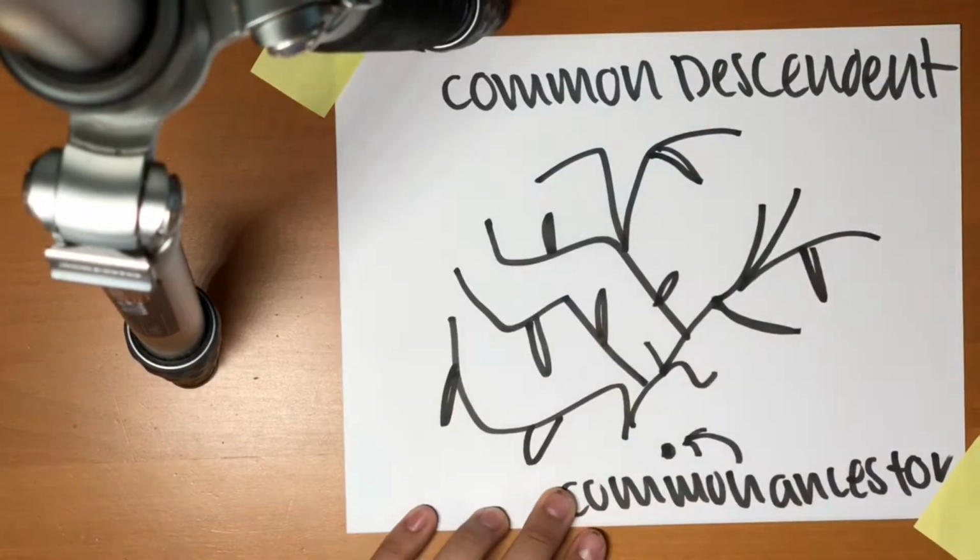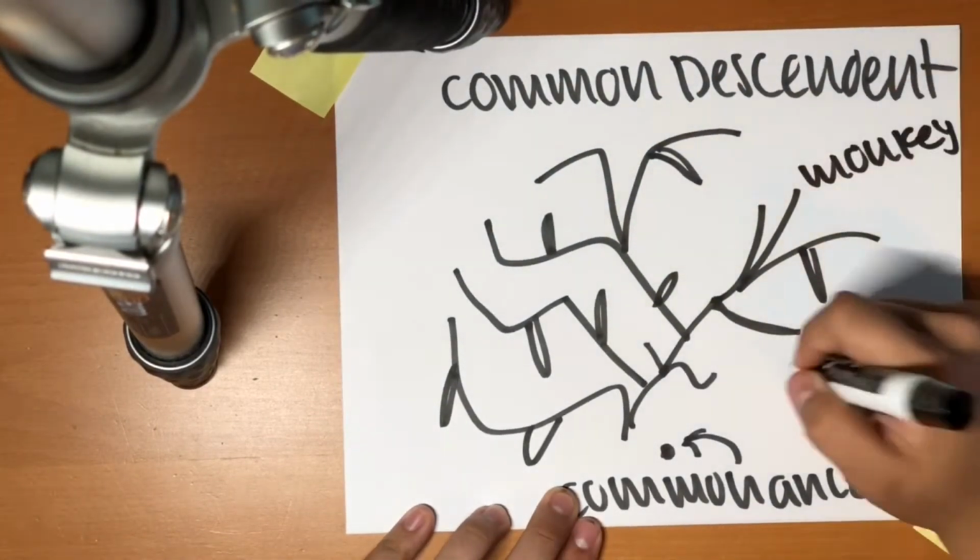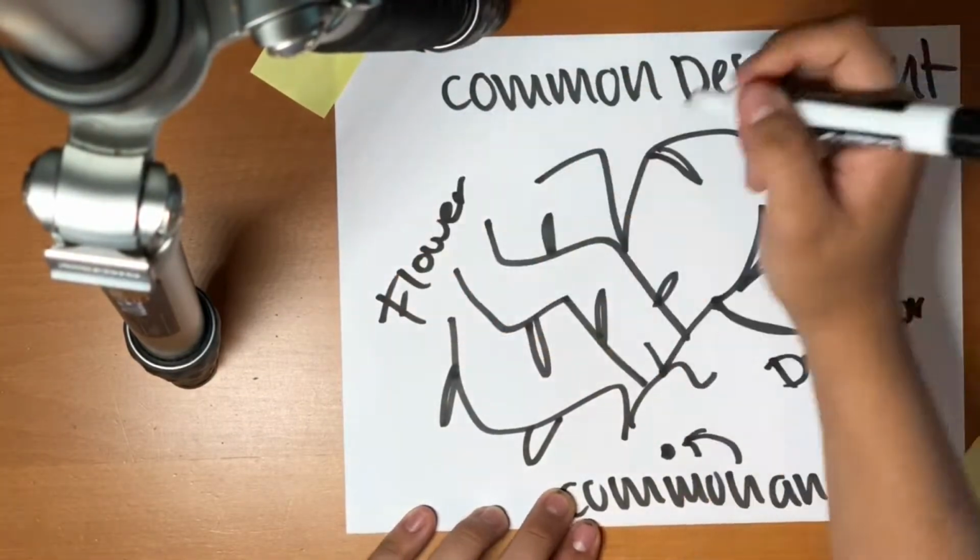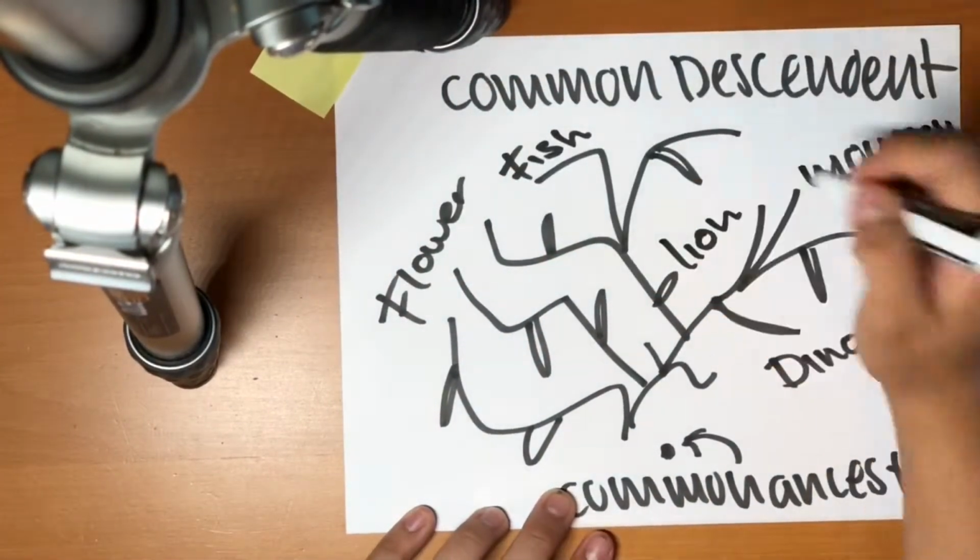The common descent of all life on Earth is not a directly observable fact. We have no way of going back in time.